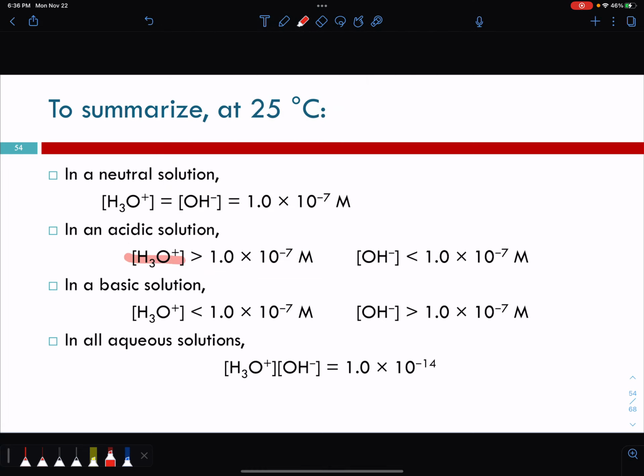The more acidic, the greater this is. In a basic solution, the opposite is true. We have more OH minus than H plus. But in all aqueous solutions, those two concentrations, whatever they might be, have to multiply together to equal 1 times 10 to the negative 14. So if we know one of these, we can plug it in and solve for the other.